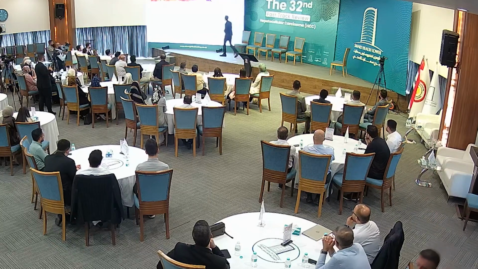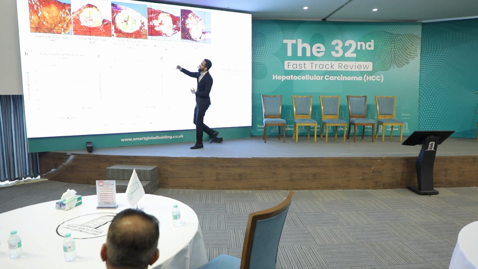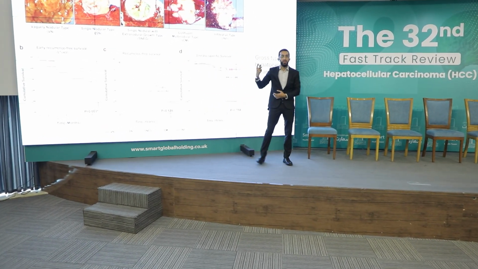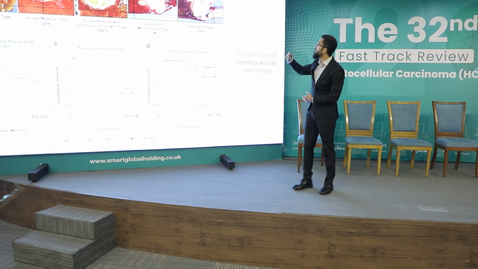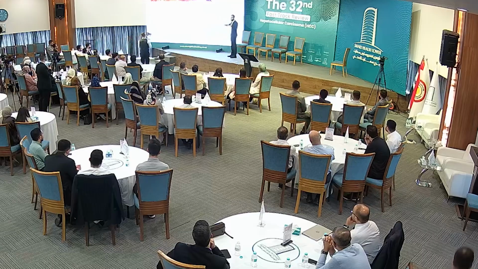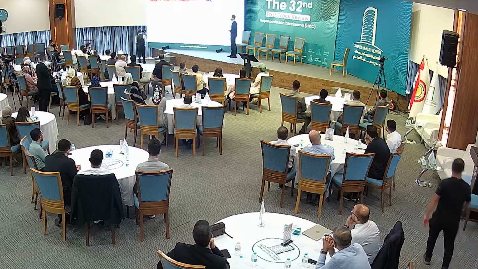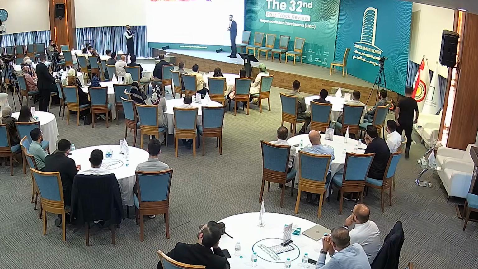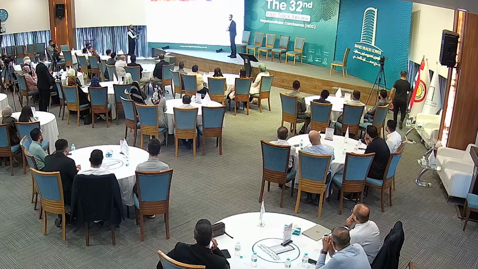At least in one study, those cases that had this vaguely nodular appearance had a better early recurrence-free survival as compared to the cases that had a diffuse infiltrative pattern. But this did not affect the overall recurrence-free survival or the disease-specific survival, so it's of limited value.